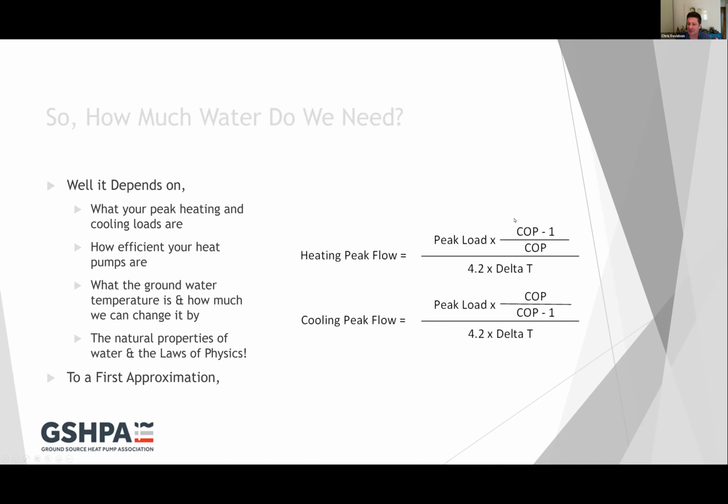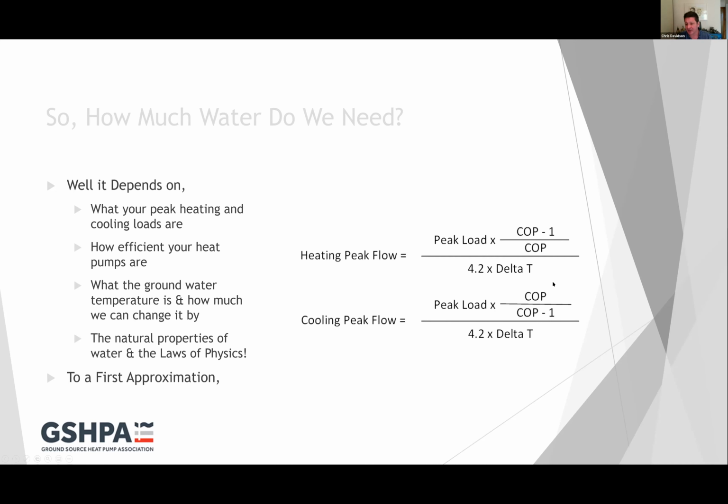So the COP of the system is how efficient is the heat pump, so how much electrical energy is consumed for a unit of heat that's delivered, or more accurately, how many units of heat that's delivered for every kilowatt hour of electricity bought. And that means that in a heating system, your electrical energy is actually supplementing the heating going into the building, and it actually reduces the flow required because some of that energy is now not coming from the ground, but is coming from the electrical supply.